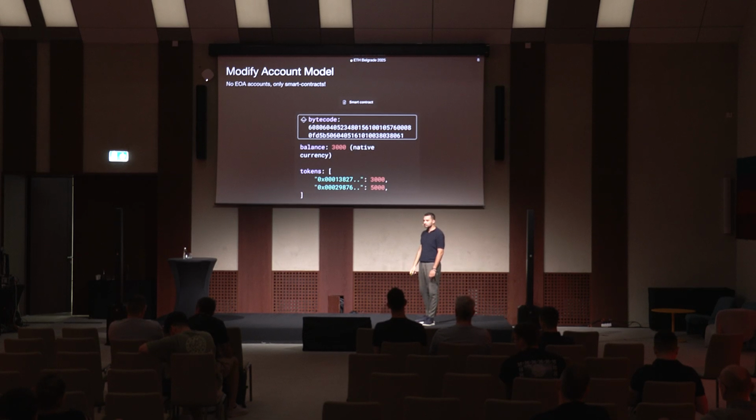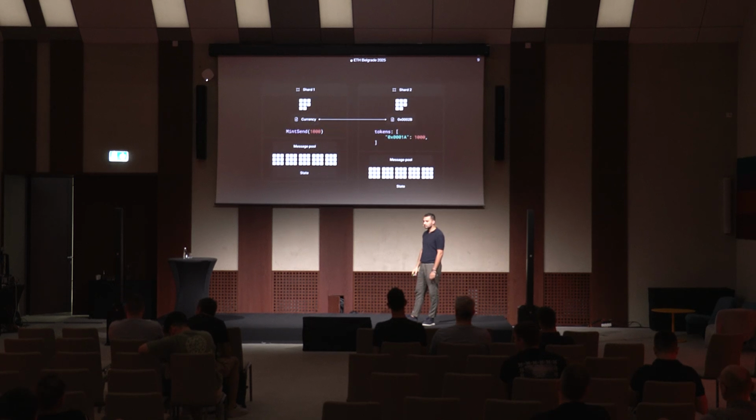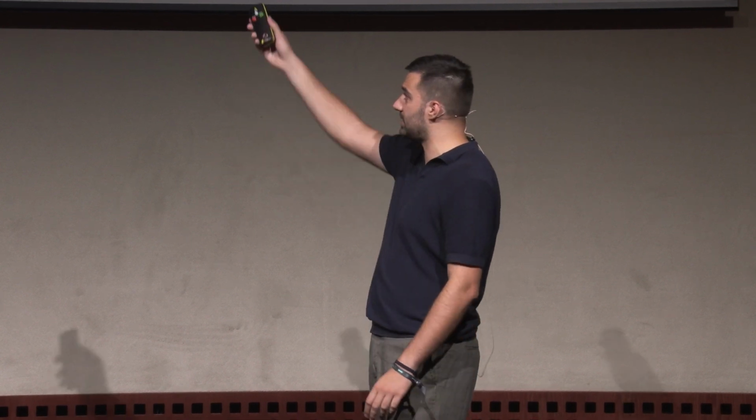Am I correct that this smart contract and ERC20 contract will be merged into one? So I have my smart contract and it will already have all the balances I have? Yes, okay. So this is the change that needed to be done on account level. In Ethereum, any account which is a smart contract has basically two attributes: the bytecode and the balance.